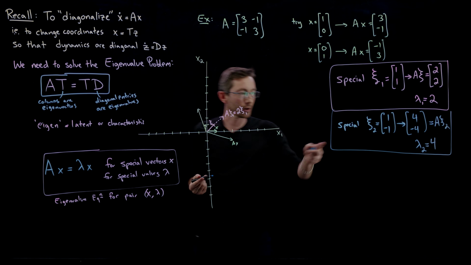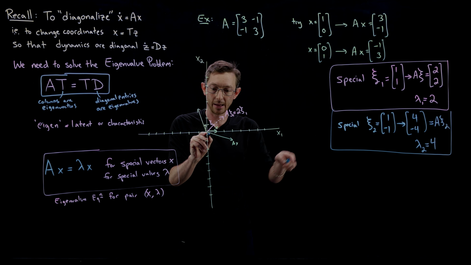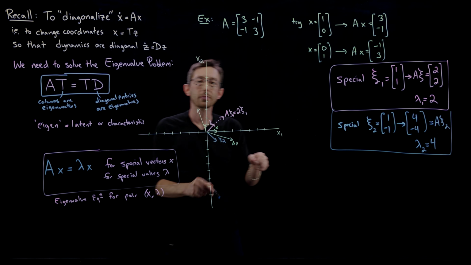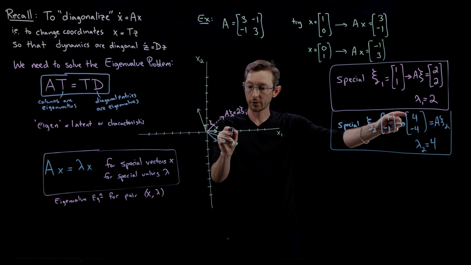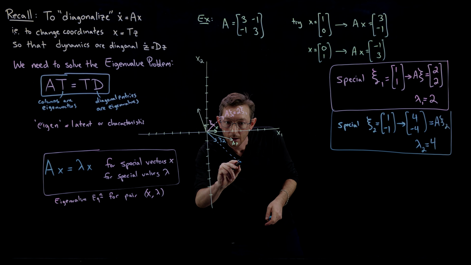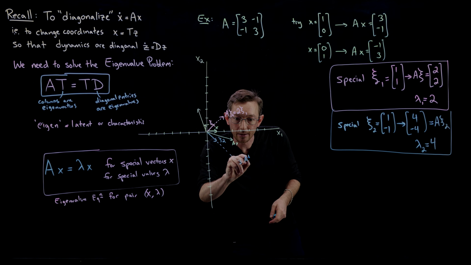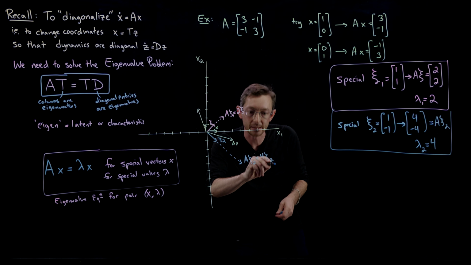Okay, so I can again draw this one. So I take a step 1 in the first direction and minus 1 in that direction. That's xi2. And if I multiply it by A, I take 1, 2, 3, 4 steps, 1, 2, 3, 4 steps. And this is A times xi2, and that just equals 4 times xi2.